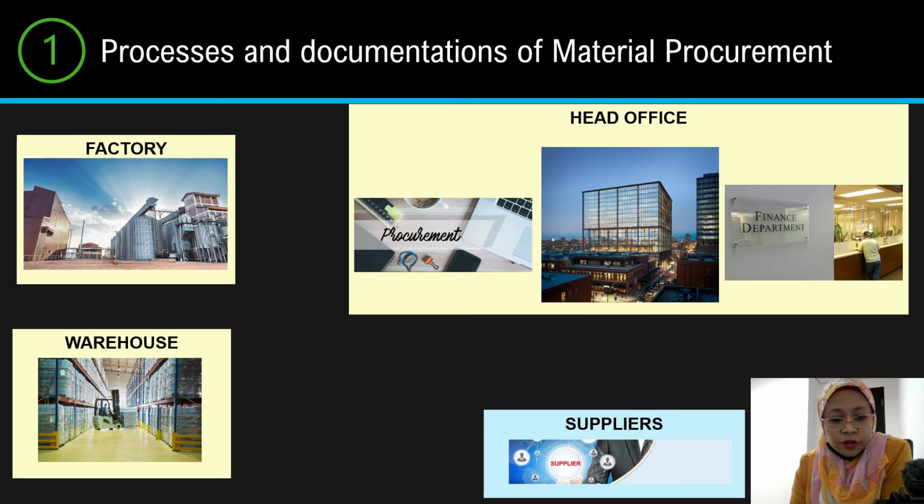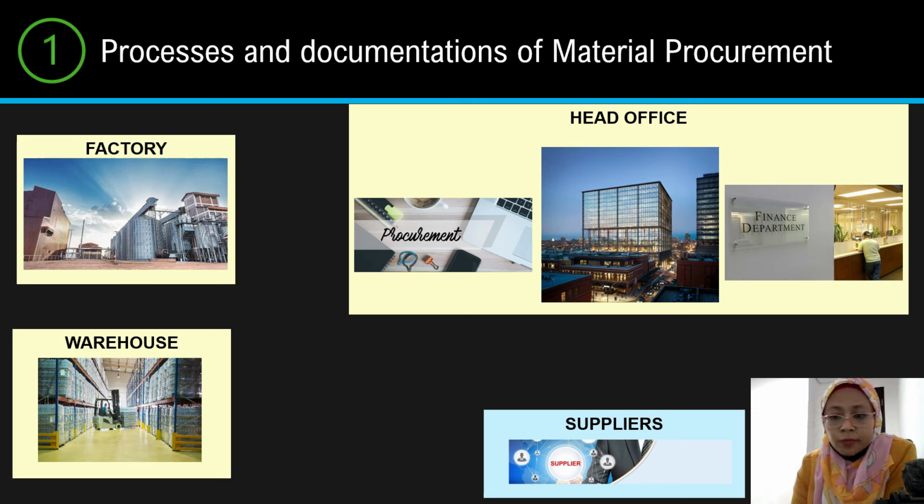Below the factory here is a warehouse. Warehouse is a place where all the raw materials will be stored, in order for the company to maintain them in appropriate, for example, temperature or conditions.